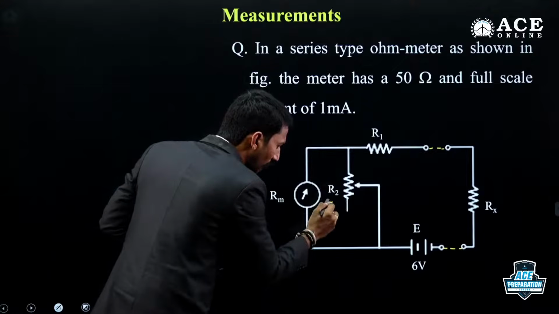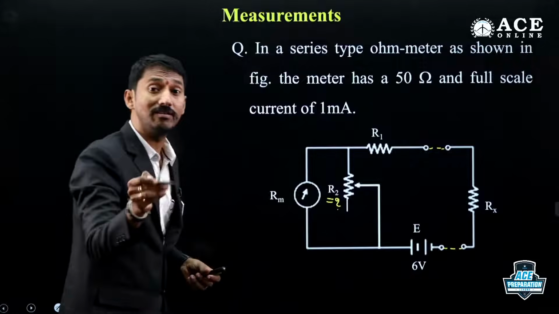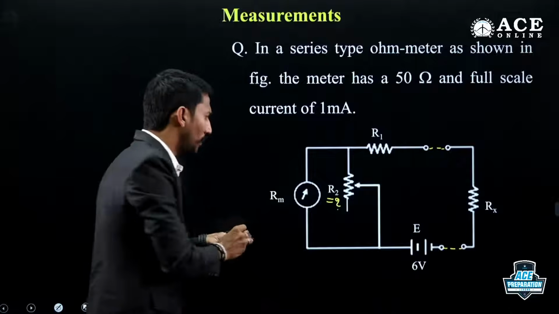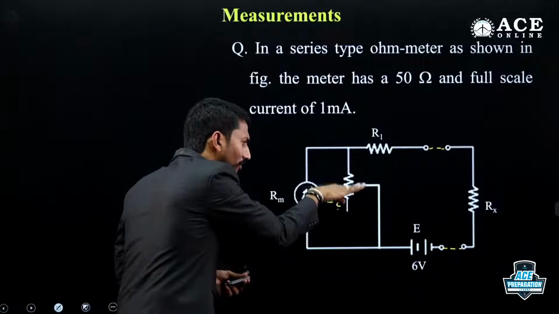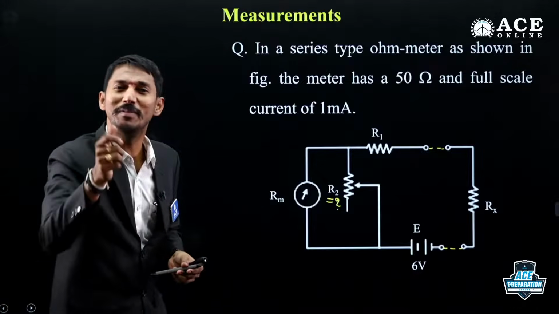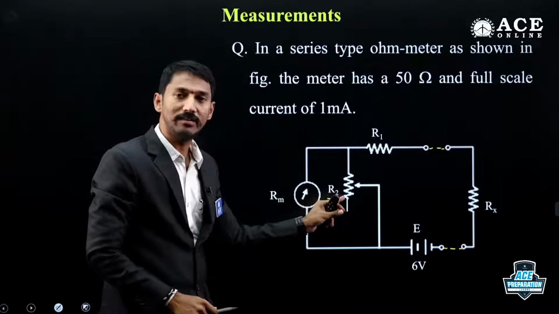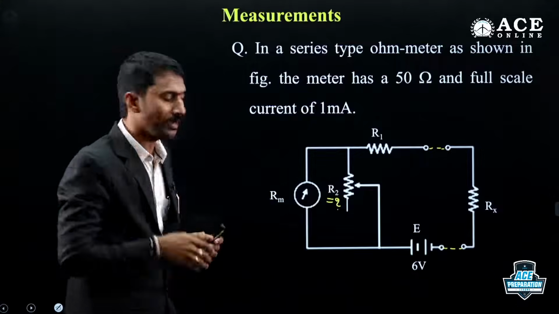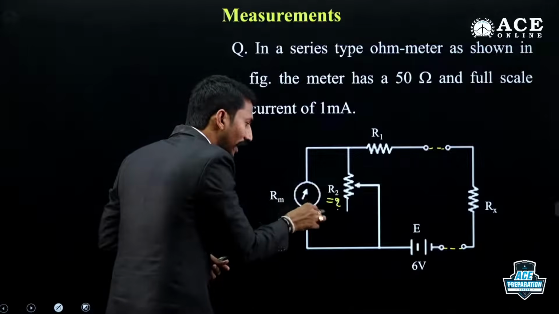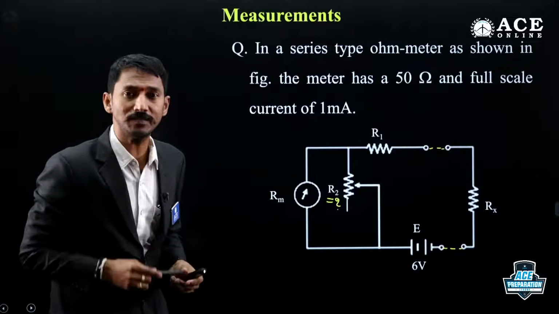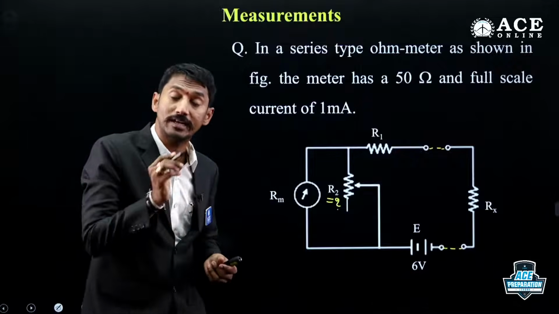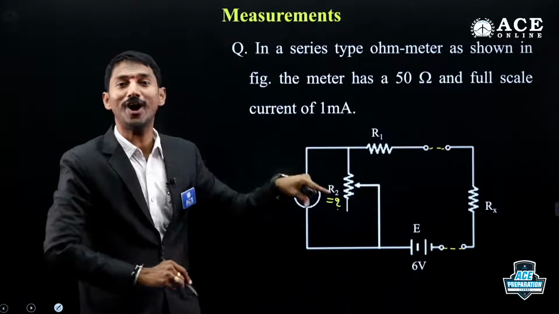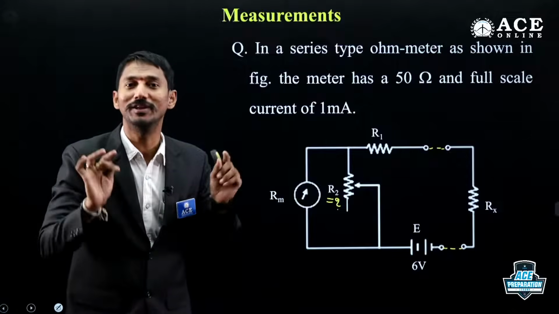He is asking this R2 value. Potential divider resistance means what? As it keeps getting varied, the voltage division will take place. Yes, we have to calculate the potential divider resistance, but the key point is at which condition? Corresponding to full scale of the meter. That is very important.